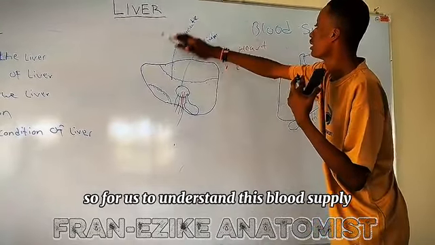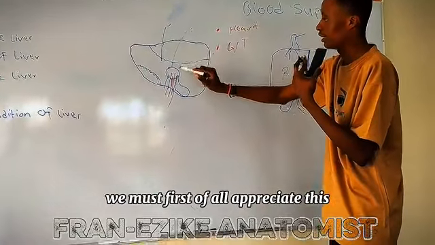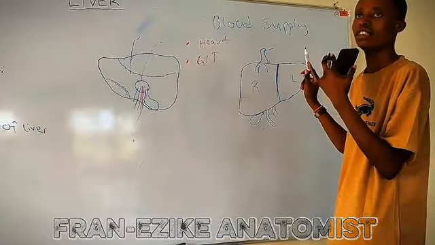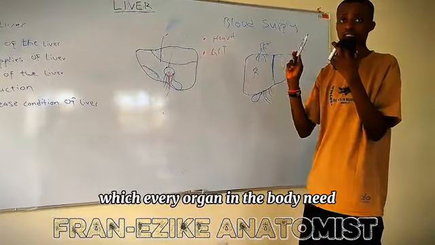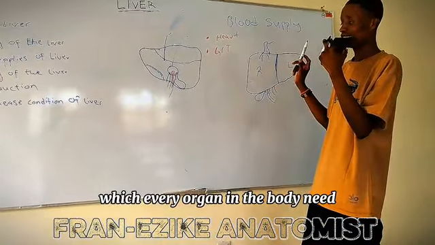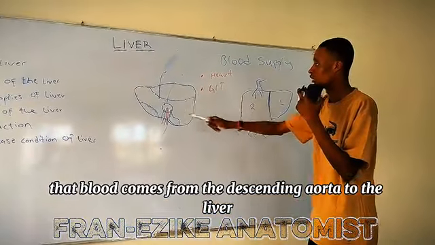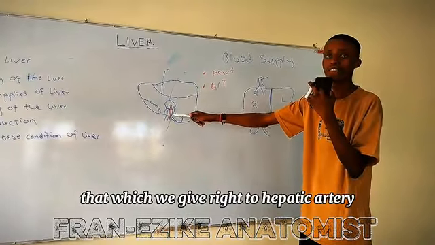So for us to understand this blood supply, we must first of all appreciate this particular thing. Now, the oxygenated blood coming from the heart, which every organ in the body needs, comes from the descending aorta to the liver, which gives rise to hepatic artery.